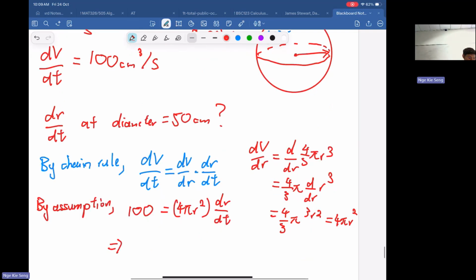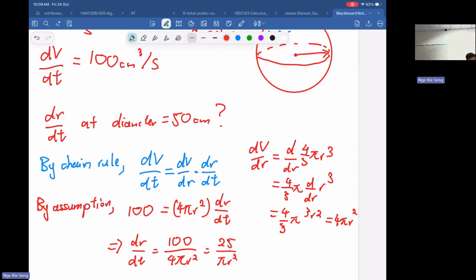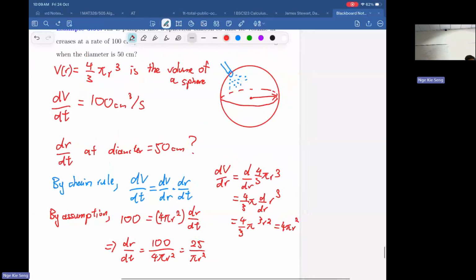Which means dr dt equals 100 over 4 pi r squared, which is 25 over pi r squared. But you see, this dr dt depends on the radius. Do we have any desired radius here?